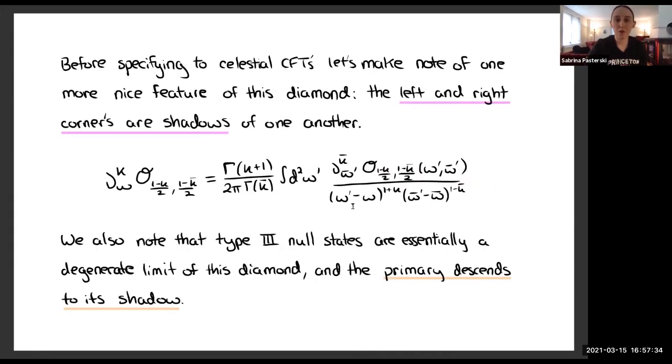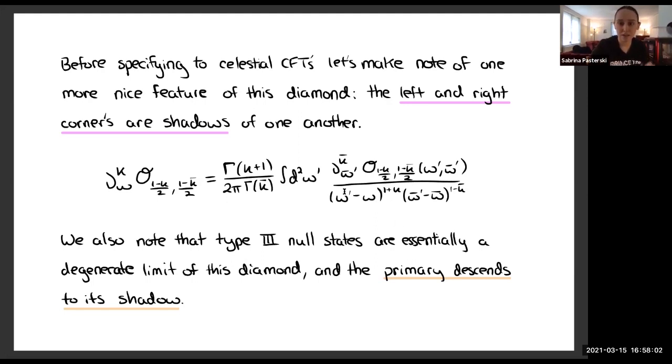Another thing to point out is that there's another integral transform you can imagine, basically inverting the descendants that take you from this top primary down. It takes you from either the left or right corner back up to the top, at the price of missing the kernel when you descend back down. Hopefully by the end of the talk we can make more interesting interpretations of when you would do that or not.